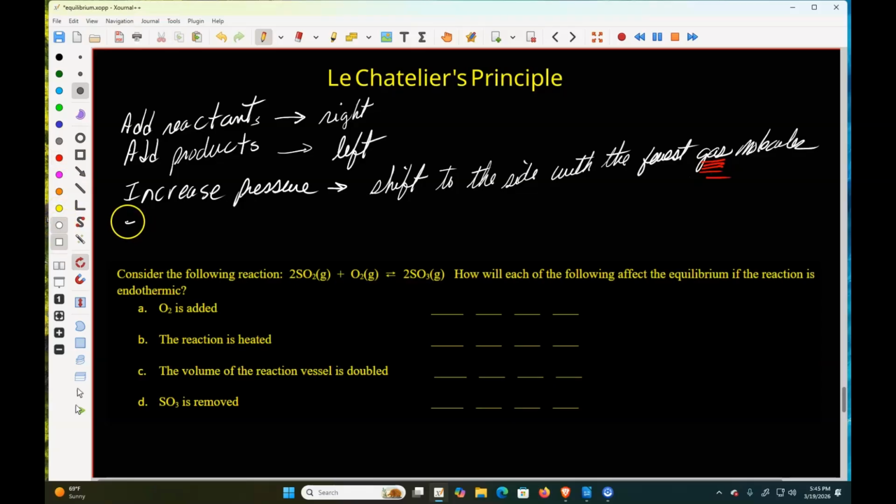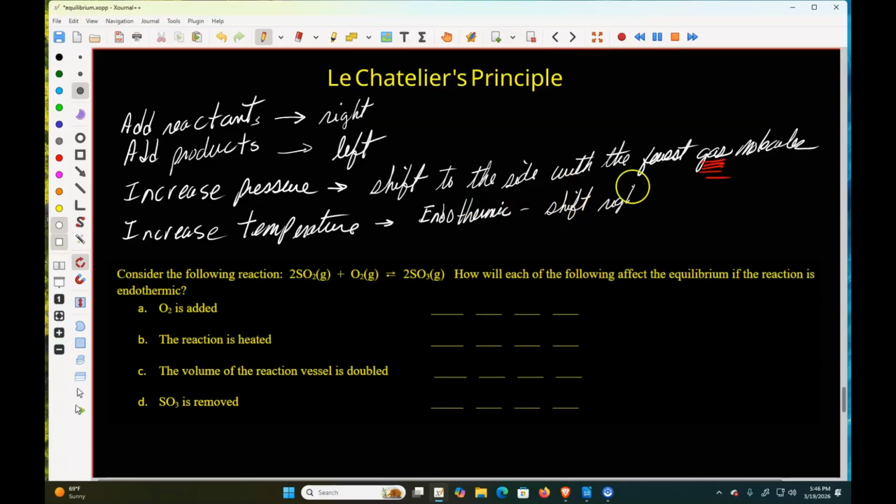If I increase temperature, if it's endothermic, it's going to shift right. Exothermic, it's going to shift left.